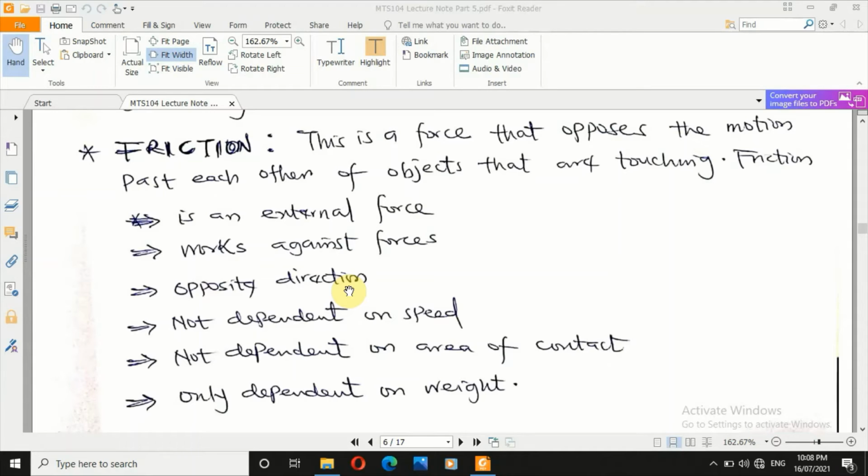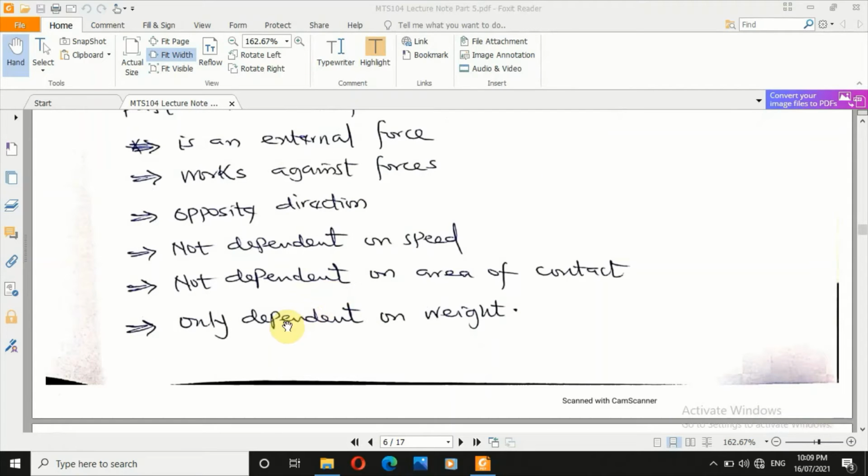Now, look at this point I'm bringing out to you: friction is only dependent on weight. If a man of 50 kilograms and a boy of 5 kilograms are walking on the same surface, you will notice that the man of 50 kg will experience a friction quite different from the boy of 5 kg.